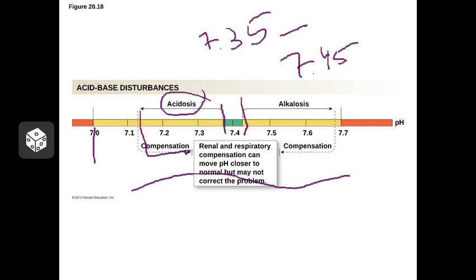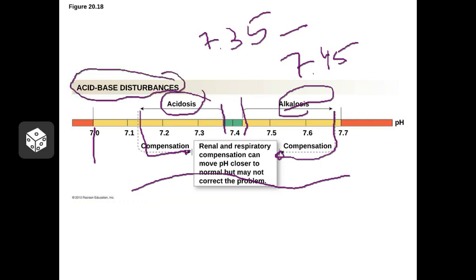Same thing with alkalosis. When the pH is higher than normal, there are mechanisms that the body uses to compensate, to try to bring the plasma pH back within the normal range. Sometimes it gets to normal, sometimes it just approaches normal. Let's take a look now at these acid-base disturbances.